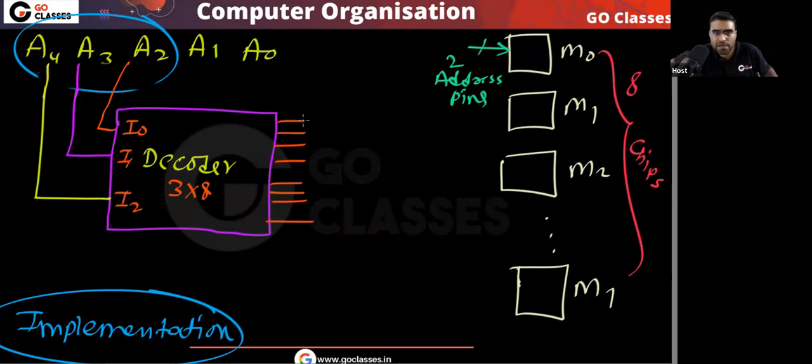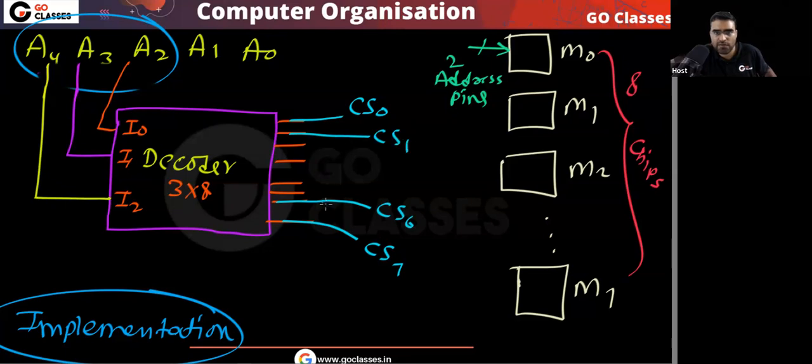This you will connect to chip select of M0, this to chip select of M7, this to chip select of M6, this to chip select of M1 and so on, and this to chip select of M2.